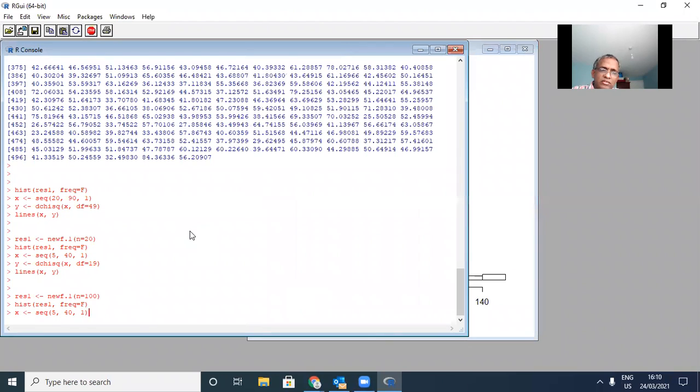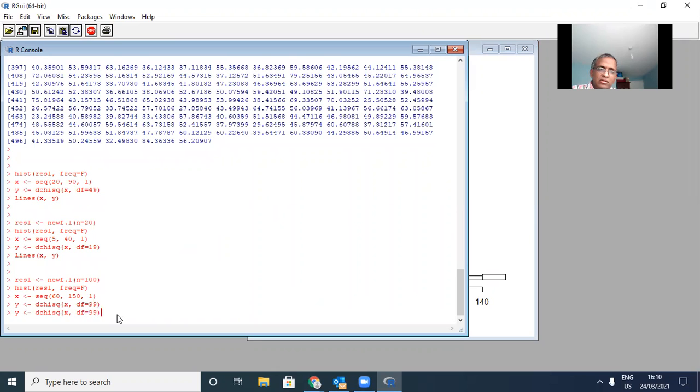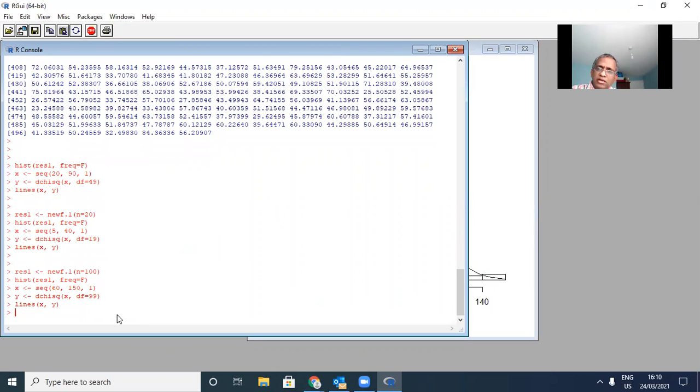So I define x to go from 60 to 150. Then you define y as the density of the chi-squared with the degree of freedom equal to 99, because n is 100. So n minus 1 is 99. And finally, use the lines command.